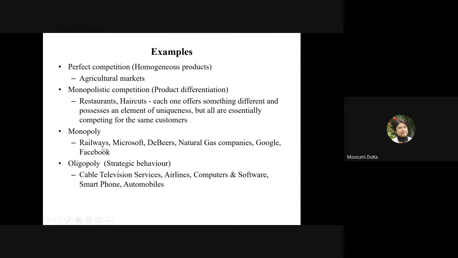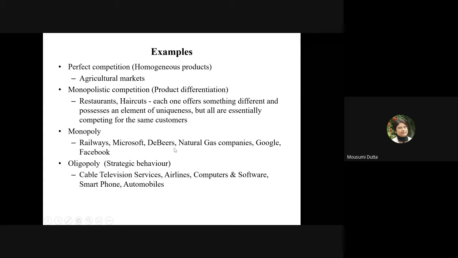There are some private companies who are trying to compete with the national railways, still they are not comparable. We do not have substitutes so far. Microsoft, we do not have substitutes so far. In case of diamonds, there are diamonds from different companies.